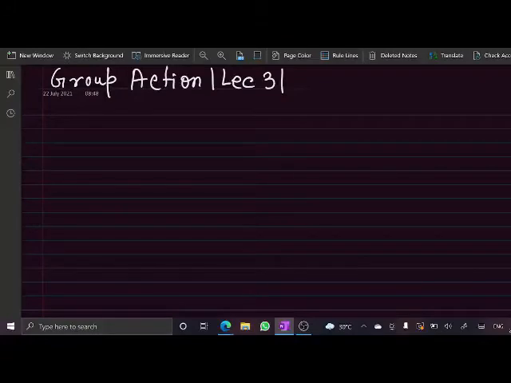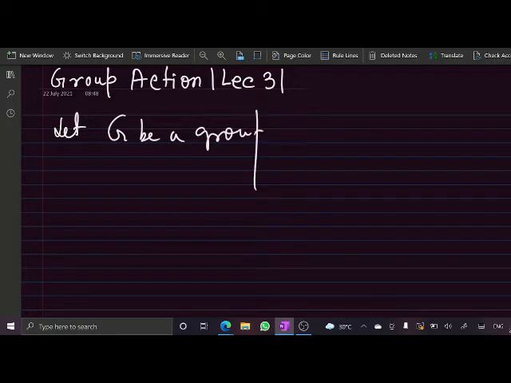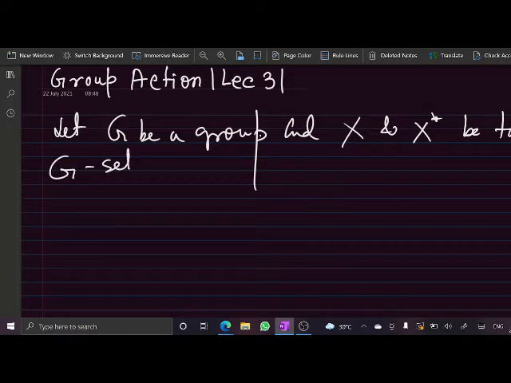Okay, so now let G be a group, and suppose that you have two G sets, X and X star.